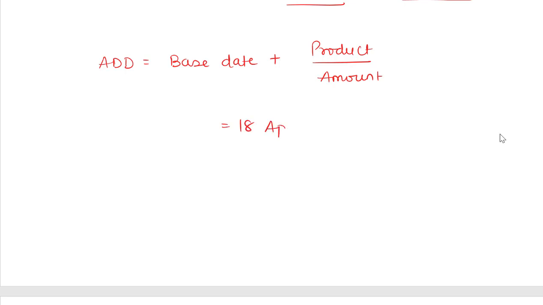Average due date equals base date plus product divided by amount. So 18th April is the base date plus product 48,150 divided by amount 1150.